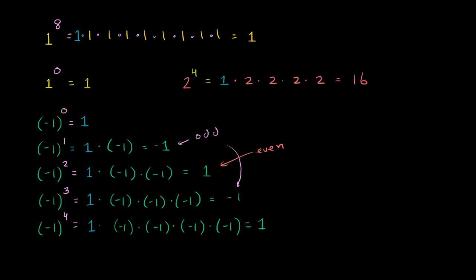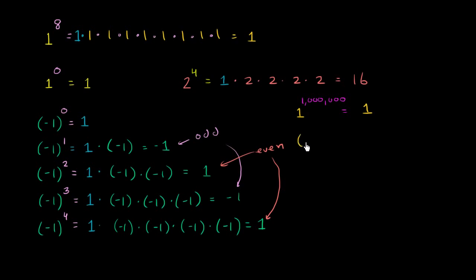equal to positive 1. So if someone were to ask you, we already established that if someone were to take 1 to the 1 millionth power, this is just going to be equal to 1.